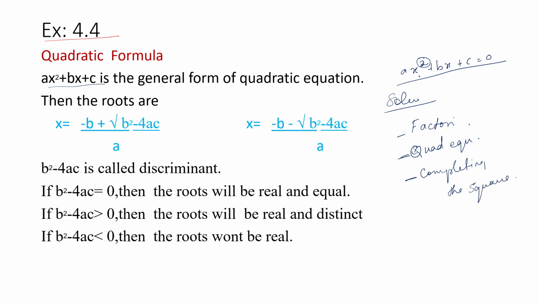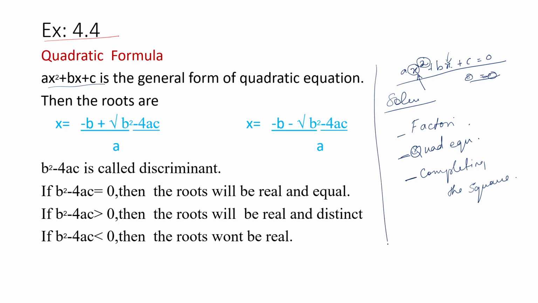So what is the solution? We find a value for the variable such that the left side and the right side are both equal to 0. X should satisfy this equation, so that the left hand side is equal to the right hand side.